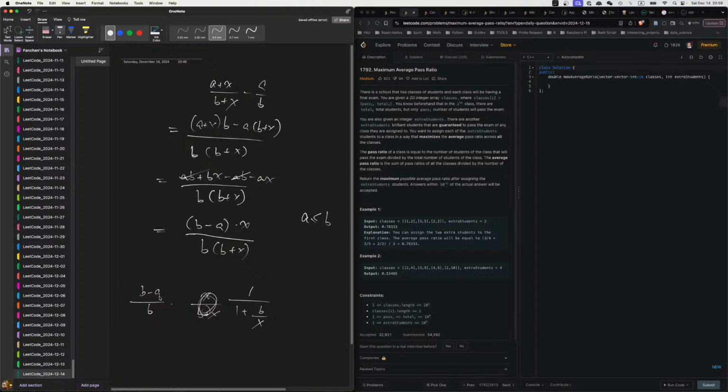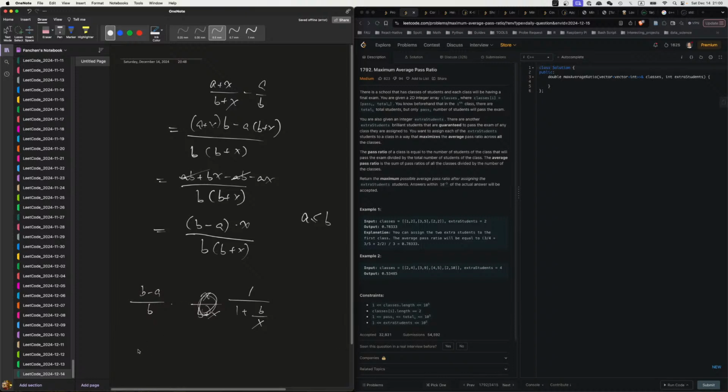But if there's a big difference between b and a, right? If there's a big difference between b and a, then we'll have a big value here, right? So the difference between the two is big, and so we want the biggest benefit.